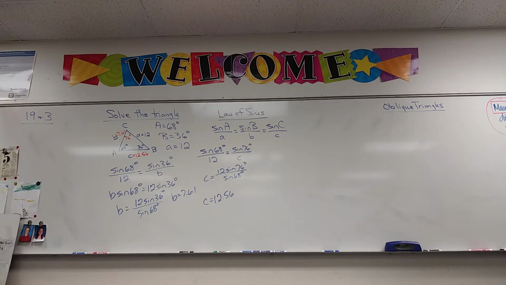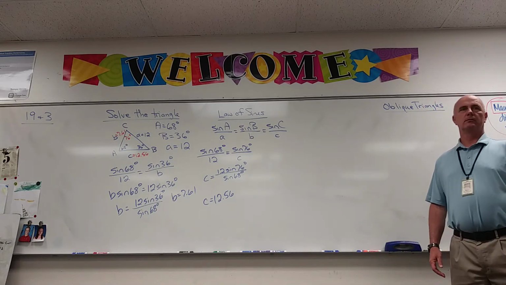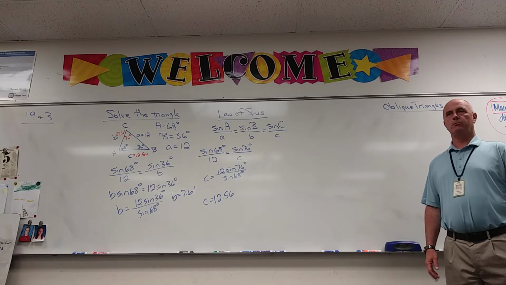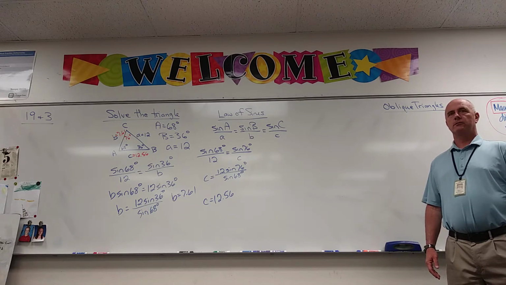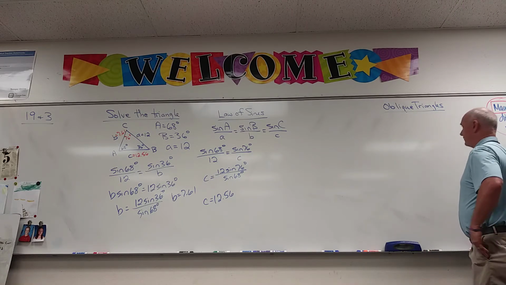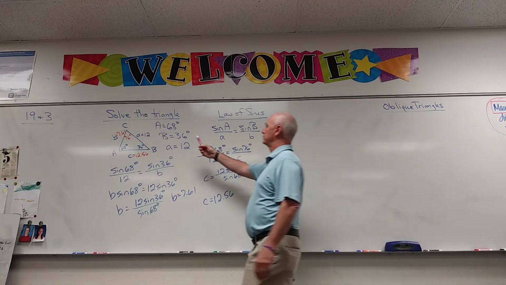So, we talked a minute ago about what we need to be able to use the law of sines. We said we need three pieces of information, but more importantly, two with the same letter. So in this case, what were we given?